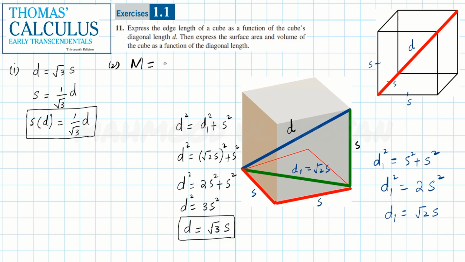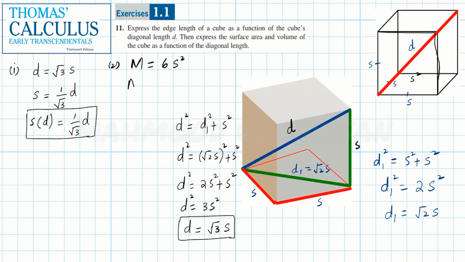That would be 6 times the area of each square, which is s squared. This is our first face, let's say the front one, with area s squared. We have 6 faces, all of area s squared, so we multiply by 6: m is equal to 6s squared.